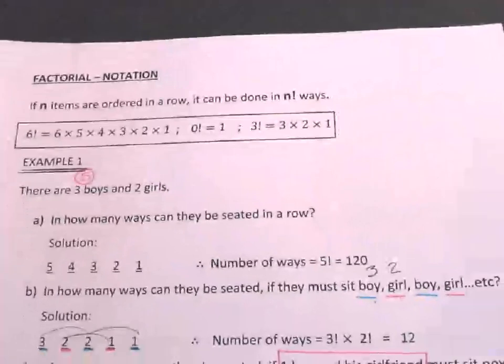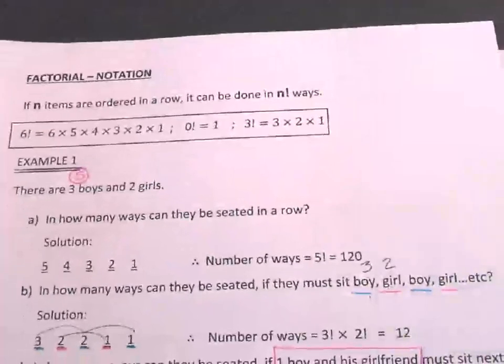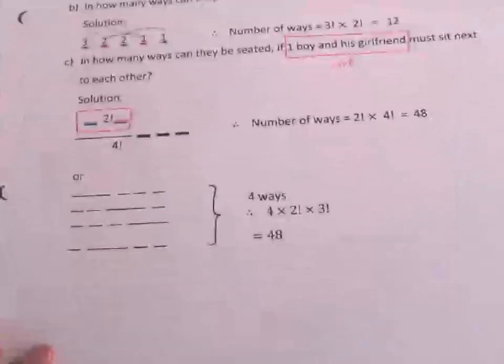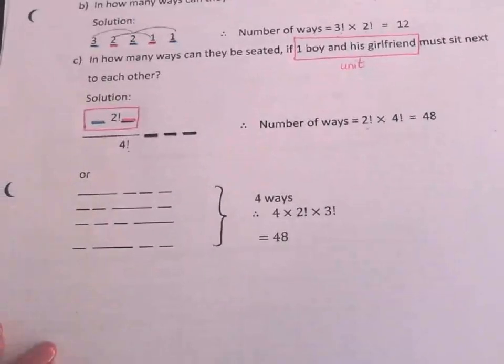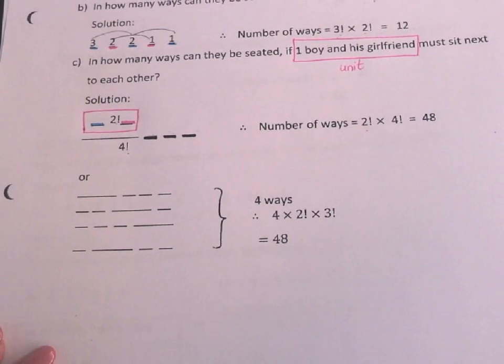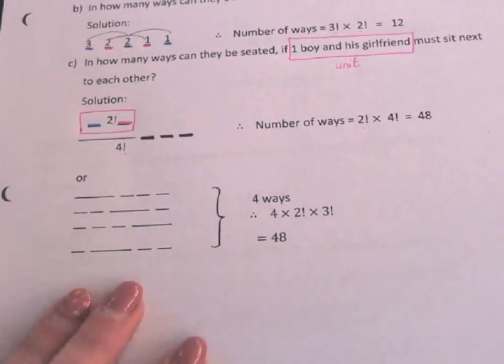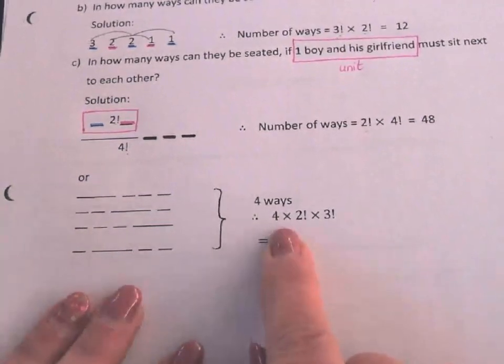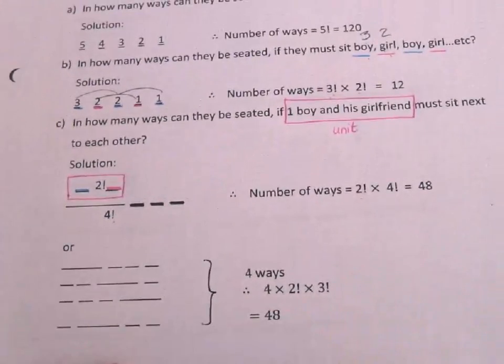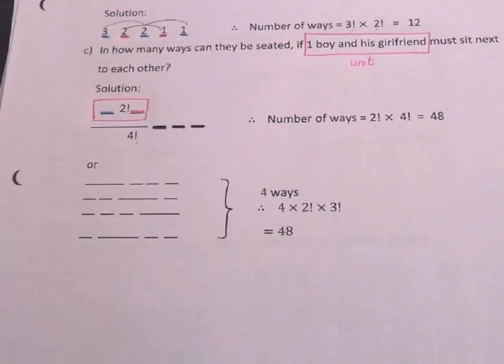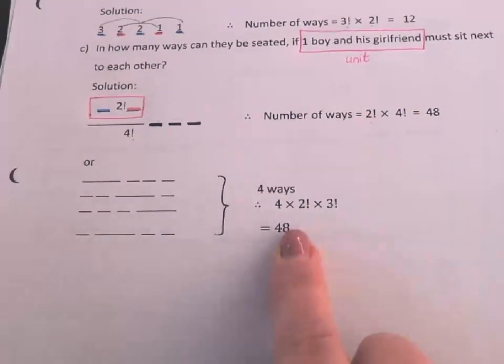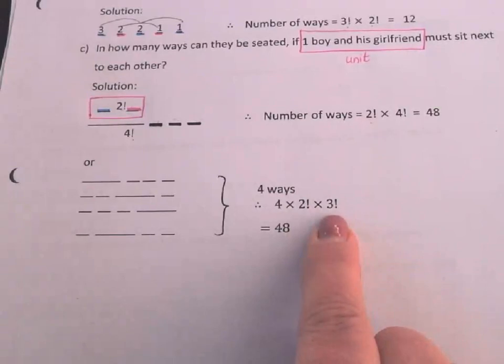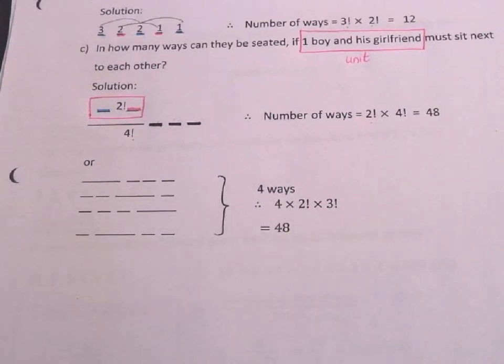In the last one, why did they use 3 instead of 4? In the O, where is the lines? Why did they use 3 faculty? Oh, the 3 faculty is for the rest of the children.